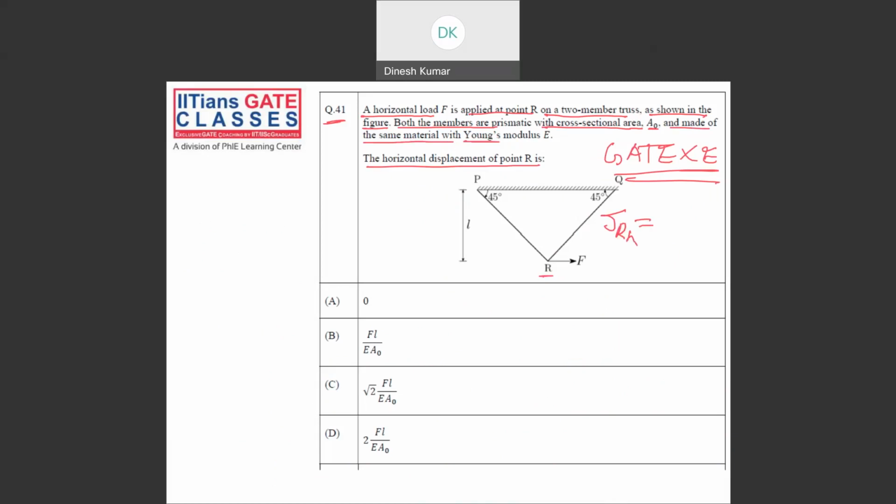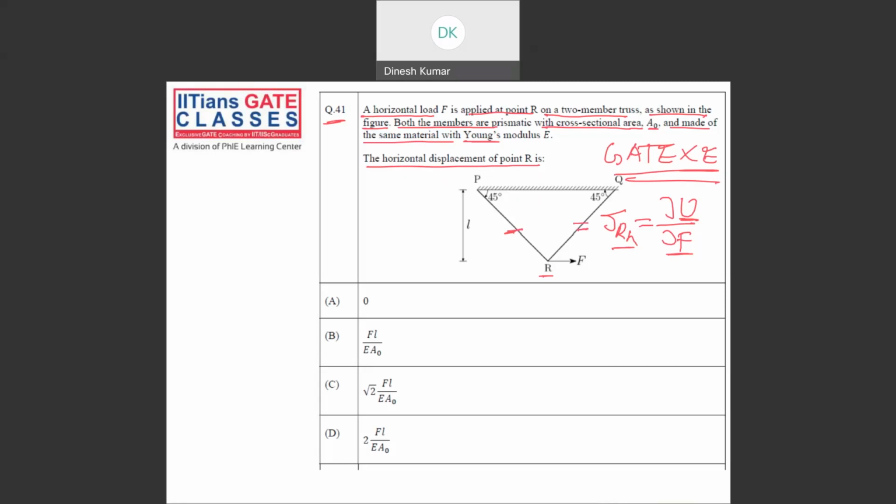From strain energy or Castigliano's theorem, it is nothing but dou U by dou F. The total strain energy in this system, differentiated with respect to the load in a particular direction, will give me the displacement in that direction. Now to find this total strain energy, what do we require? We require the length of these members as well as the forces acting on the members PQ and QR.